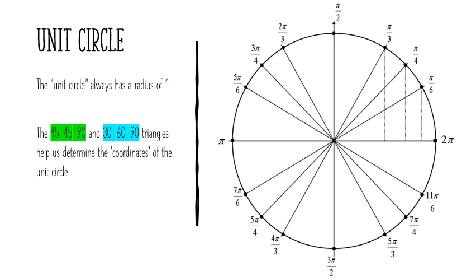I know it looks a little scary perhaps at first, but it is actually a bunch of the same pattern over and over. So our unit circle, the first thing to know, is always going to have a radius of 1. So all of these lines have a length of 1 unit. That's why we call it the unit circle.